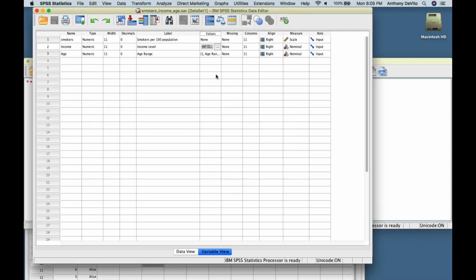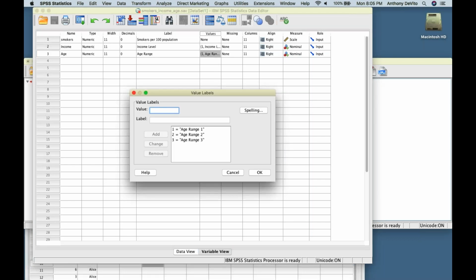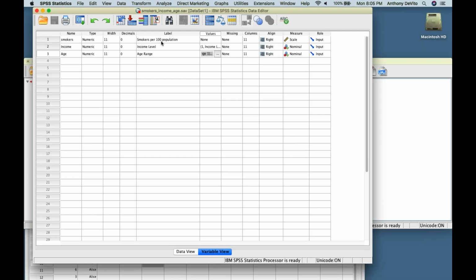Or we have age, with 3 age groups: youngest, middle age, and oldest, let's say. They're just identified by numbers as different age ranges. And we want to compare the proportions of smokers, the number of smokers per 100 population, based on income. Is the average number of smokers per 100 population different for each income level or for each age group?